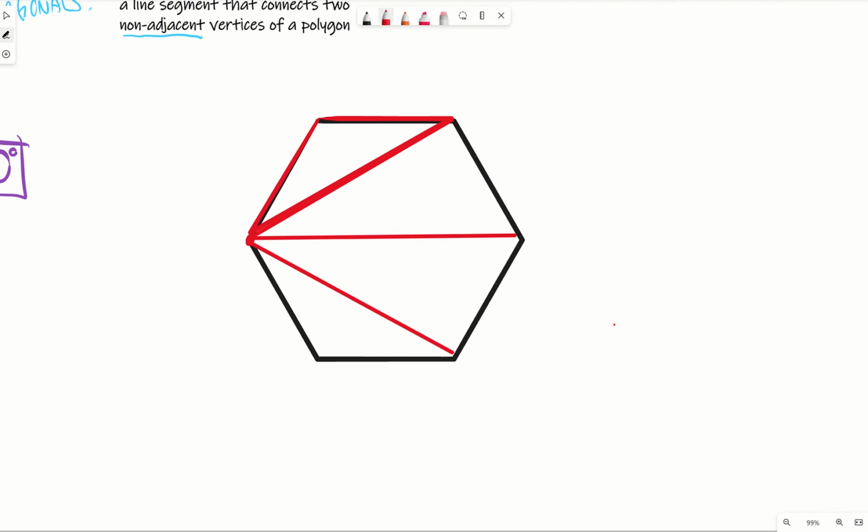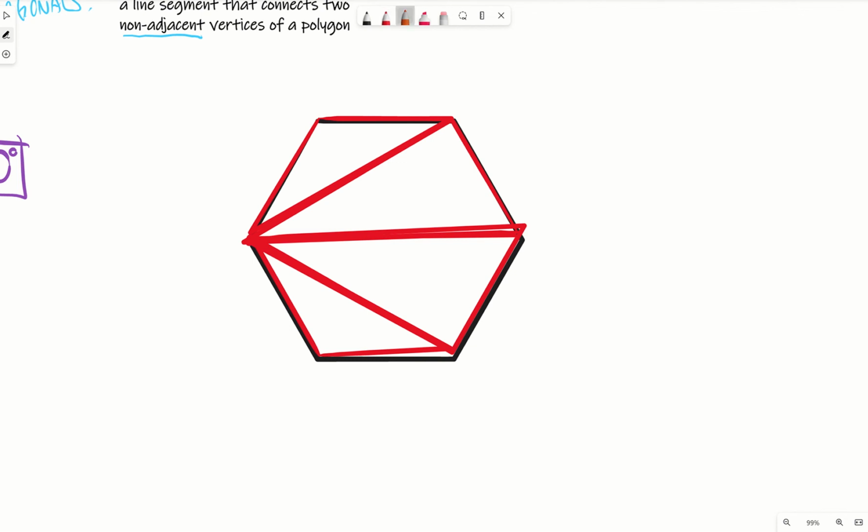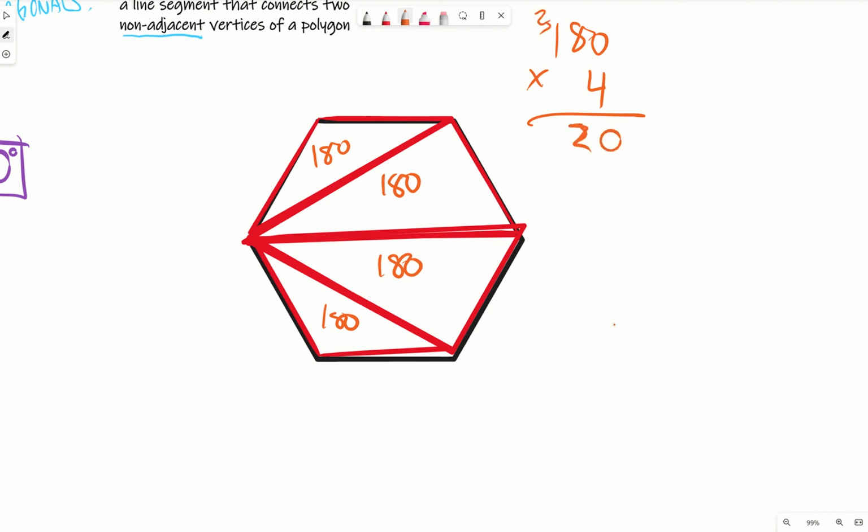Well, there's 1, 2, 3, and 4. I've created 4 triangles. Each triangle is 180 degrees. So 4 triangles times 180 degrees gives a grand total of 720 degrees. There are 720 degrees inside this hexagon.